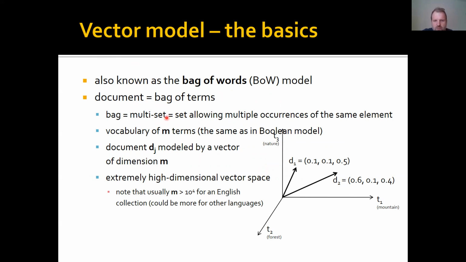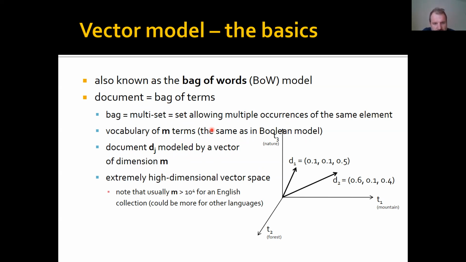So we are observing not just the presence of an element in a set, but also the frequency, the number of times the element is in the set. Therefore, we extend the model: we don't have only words, but we have different numbers of words in documents. But the other properties are very similar to those in the Boolean model.